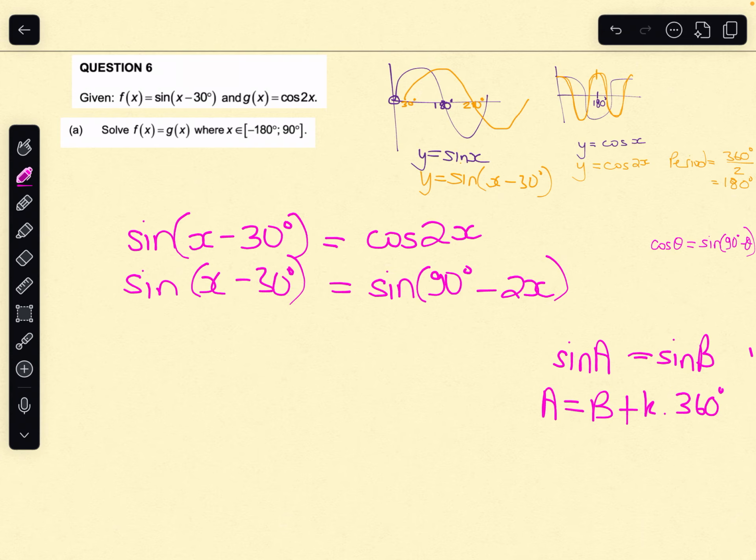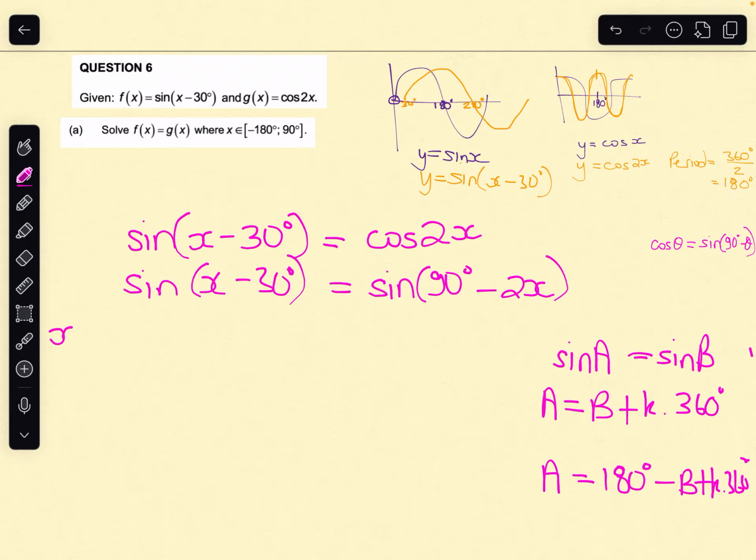So it makes sense that their sine ratios would be the same. But if we also think about CAST, we know that A could also be equal to 180 minus B plus k360 as well.